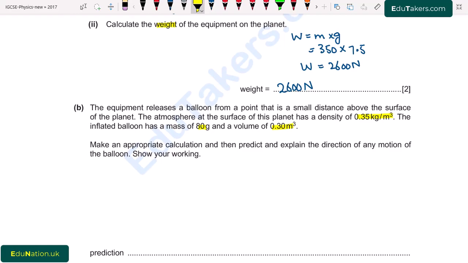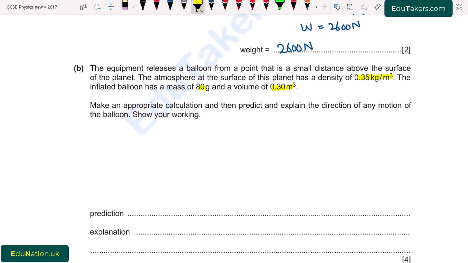So for finding out the direction, we compare the densities, density of the balloon with the density of the atmosphere. If the density of the balloon is less than the atmospheric density, then the balloon will float. I write here, density of balloon is less than density of atmosphere, then it floats.